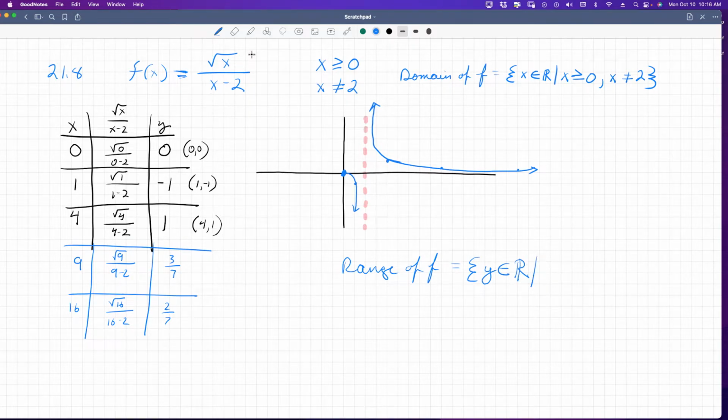Actually, that's it, because y can be anything. That's our range. Range is a member of the set of all real numbers. There are no stipulations on y because it can be negative, it could be a fraction, it could be positive. The only stipulation is that x cannot be 2.